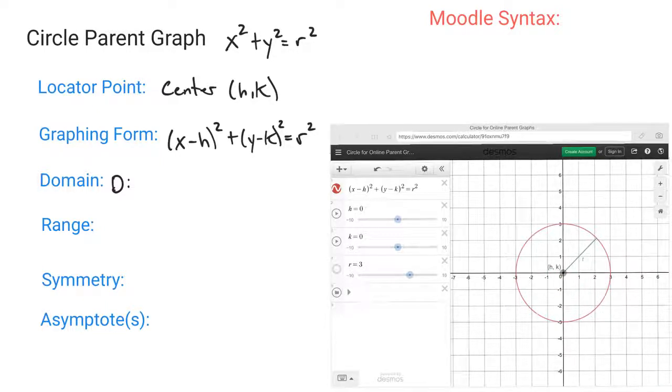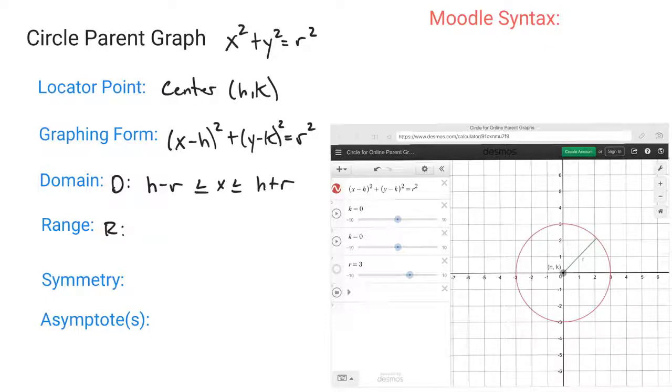So the domain is going to be h minus r is less than or equal to x, which then would be less than or equal to h plus r. So you can see how both the h value, the x value of the center, and the radius play a role. And then the range is going to be very similar to that because you're moving up and down.